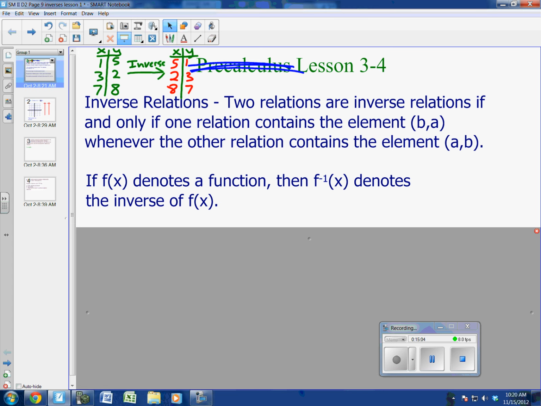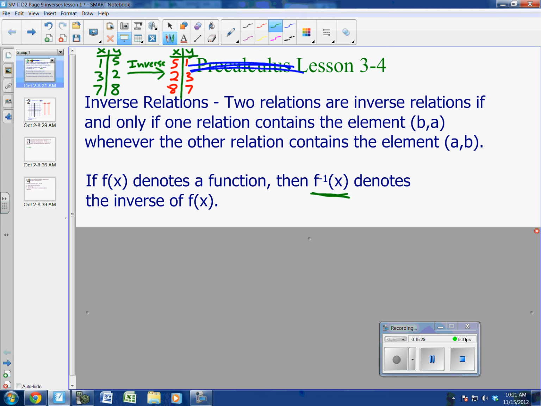If f of x denotes a function, then f inverse of x denotes the inverse of f of x. I don't know why, like 300 years ago, some mathematician decided that the way we're going to symbolically represent an inverse is by doing this little f to the negative 1 thing right here. See it?